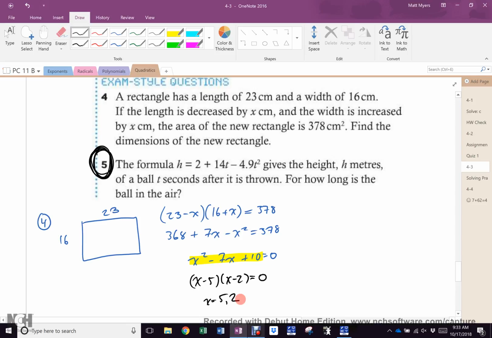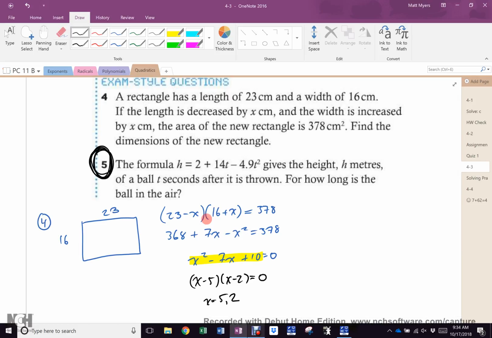Now, let's check. 23 minus 5 is what? 18. 16 plus 5 is 21. 18 times 21, 378. Yeah, so 5 works. 21 and 18, does that work?